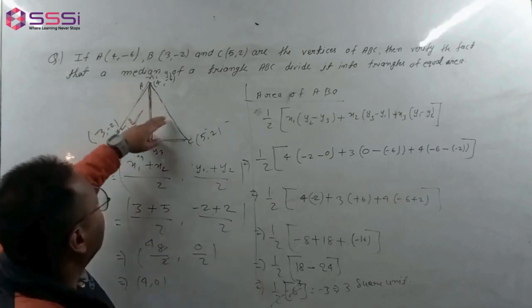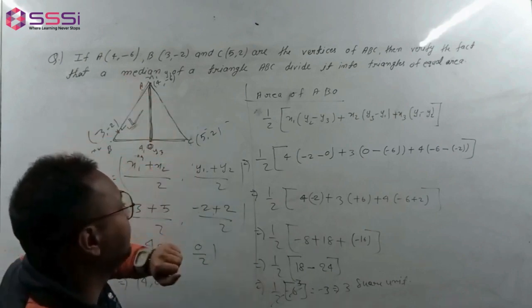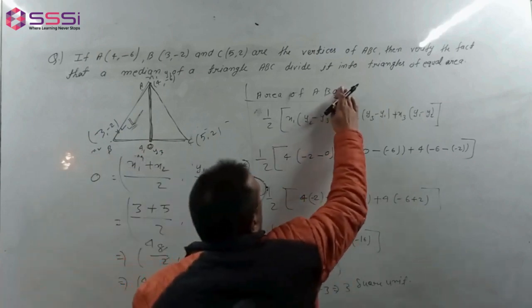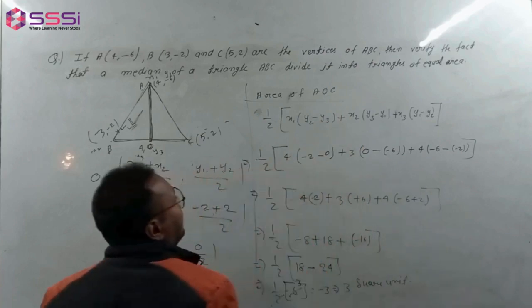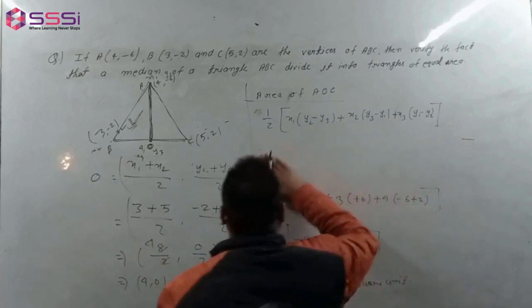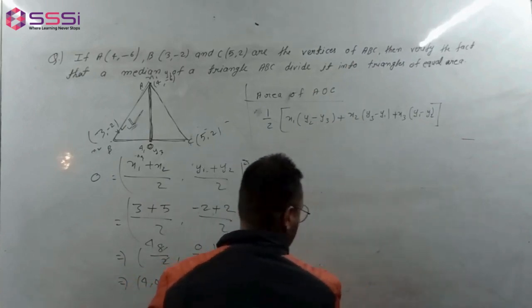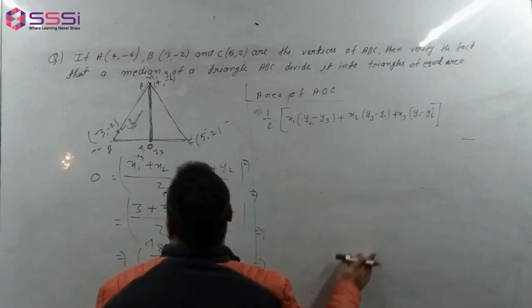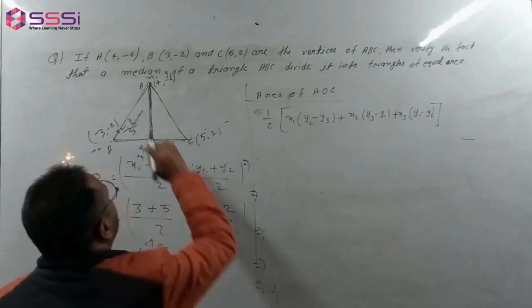Next we are going to find the area of AOC, using the same formula. Area of ABO equals 3.